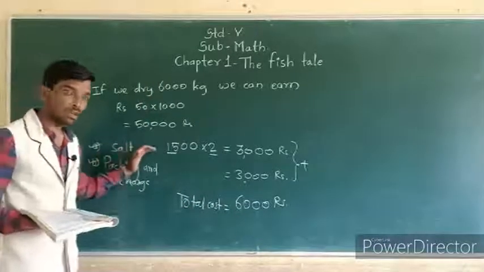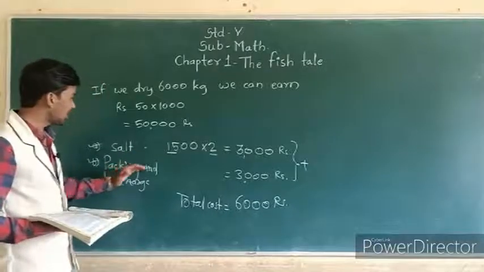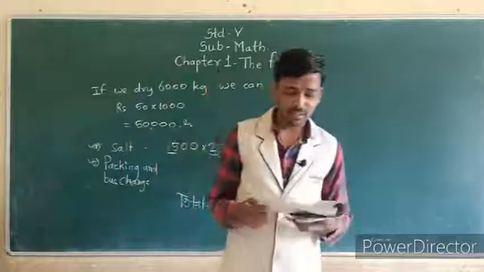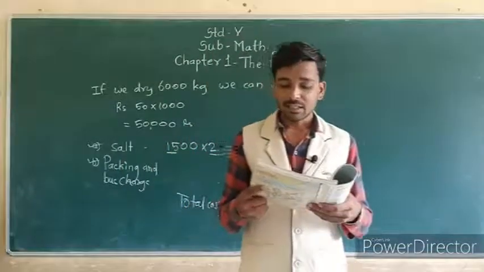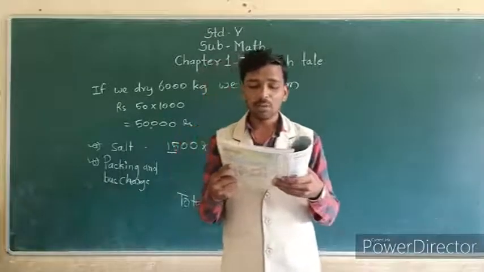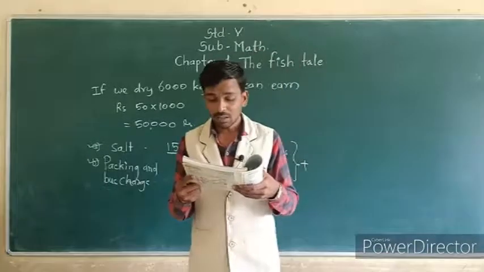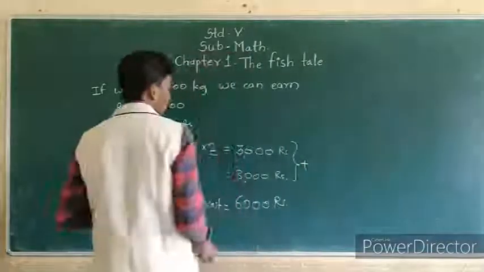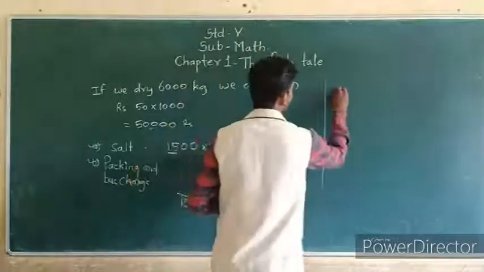First one is for salt and second one is for packing and bus charge. Okay, so next see, Fazila, that sounds very good. Our calculation tells us that every month our bank will earn Rs 44,000. Rs 44,000, I will write here.